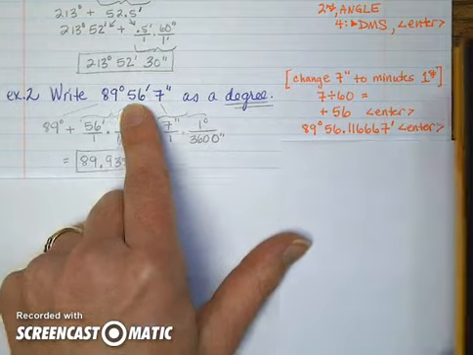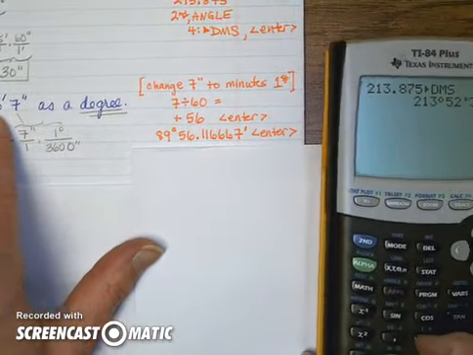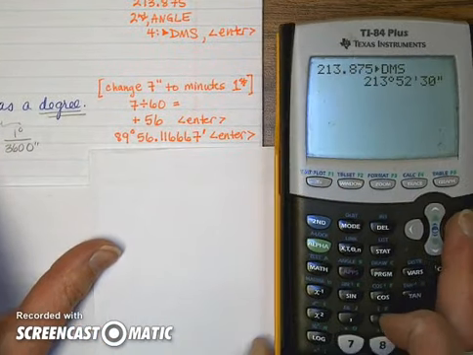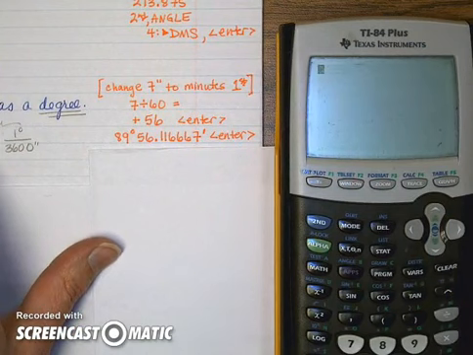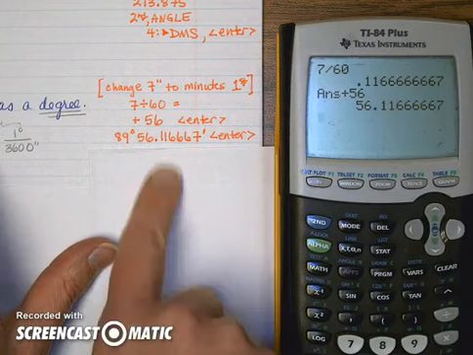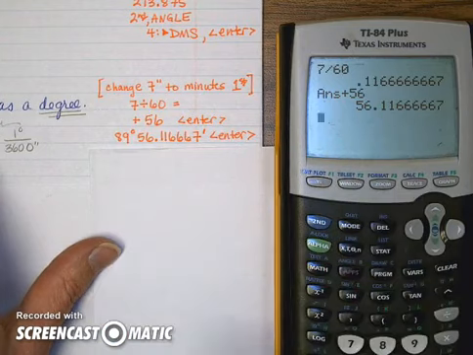So let me work through this with you. Let me show you how we did this. You scoot this over. There we go. All right, so we have 7 divided by 60. I'm going to add 56. And now I'm going to enter, that's my minutes. So I'm going to enter 89 degrees. Remember that second angle.